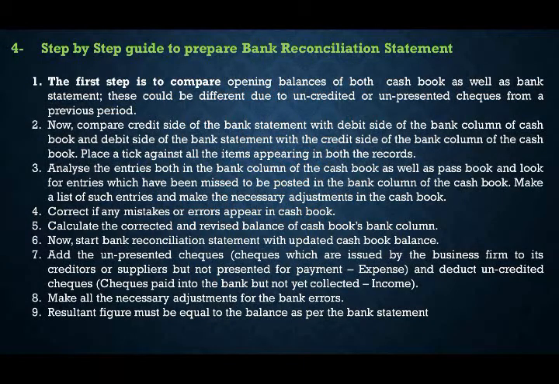So whenever you are comparing both, your debit side will correspond to the credit side of the bank, because it's a liability for the bank and it's an asset for you.